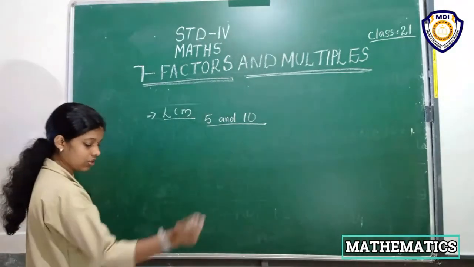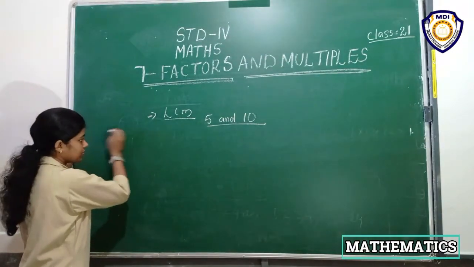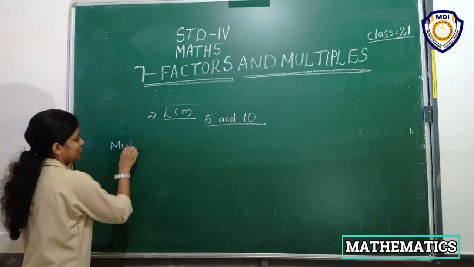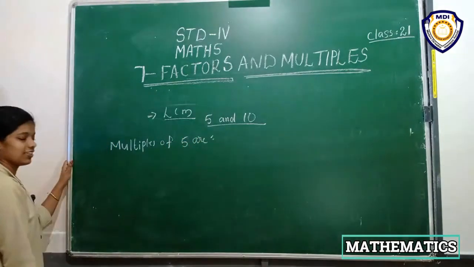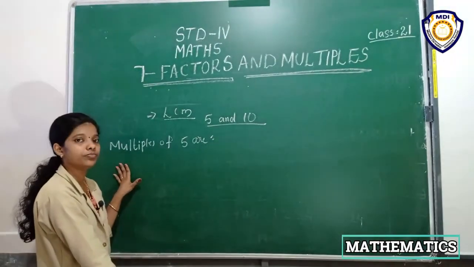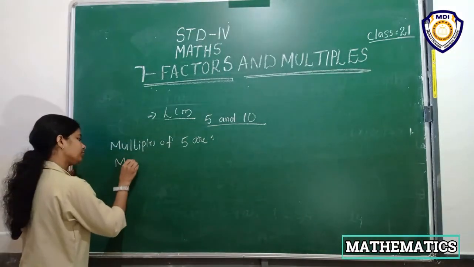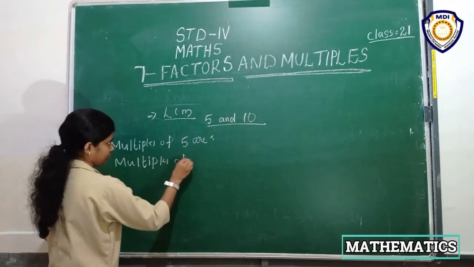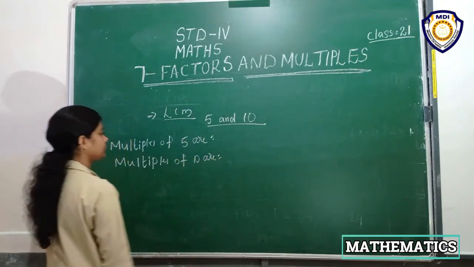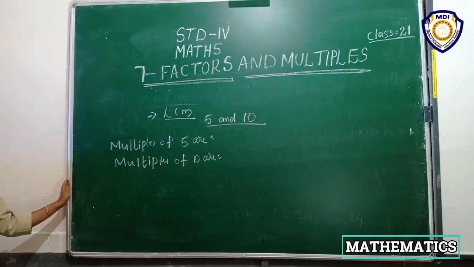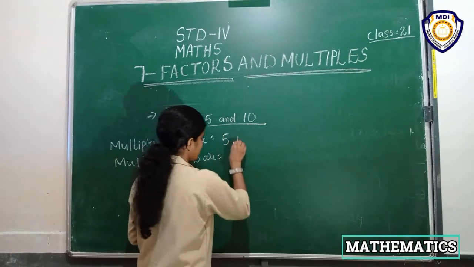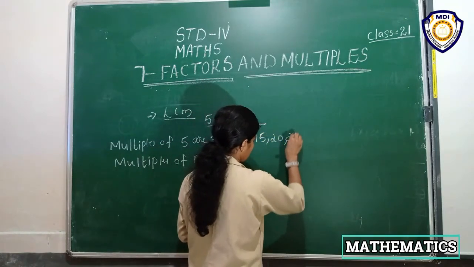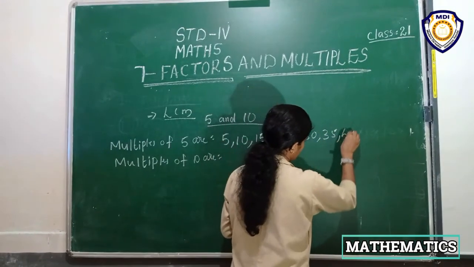Okay. Multiples of 5. Did you finish? Okay, good. 5, 10, 15, 20, 25, 30, 35, 40.